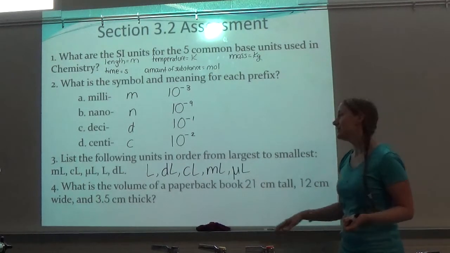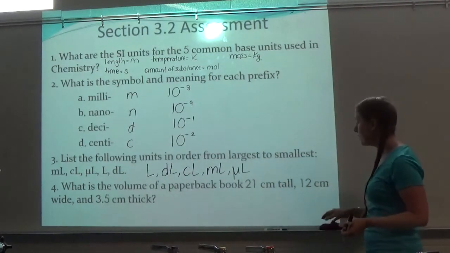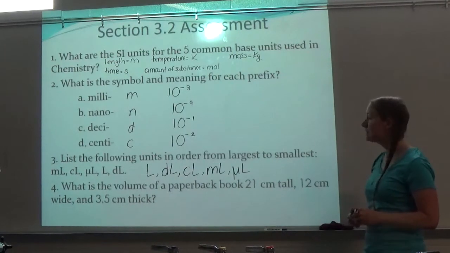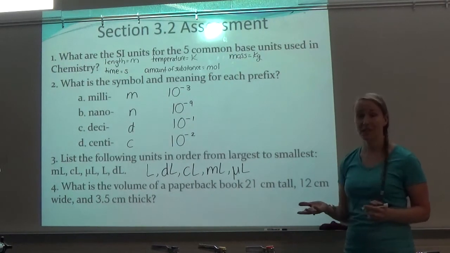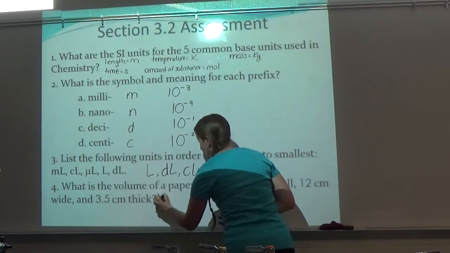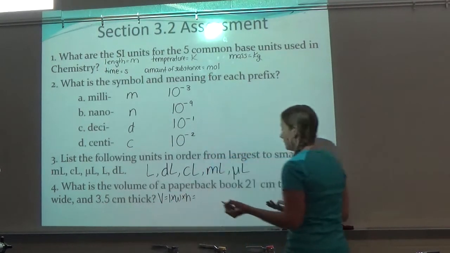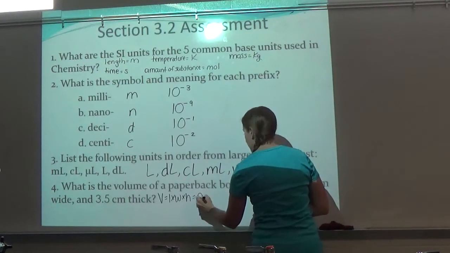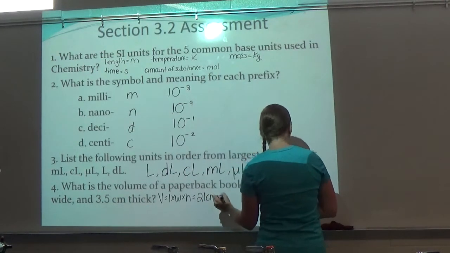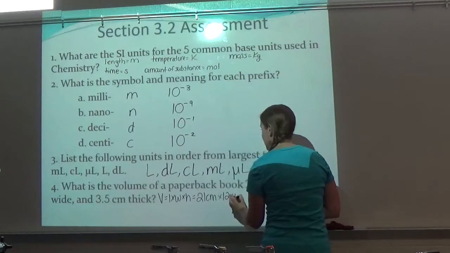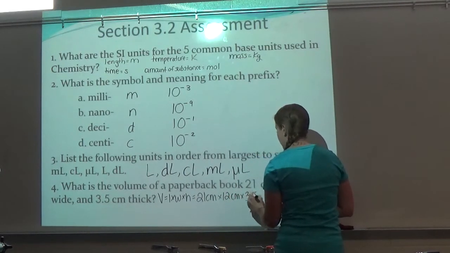All right, so number 4, it says, what is the volume of a paperback book that's 21 centimeters tall, 12 centimeters wide, and 3.5 centimeters thick? Well, hopefully you remember from long ago, volume is length times width times height. So we just multiply: 21 centimeters times 12 centimeters times 3.5 centimeters.